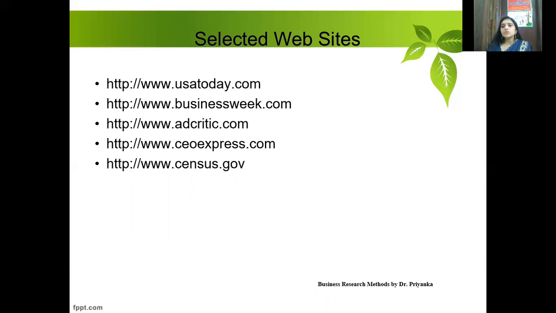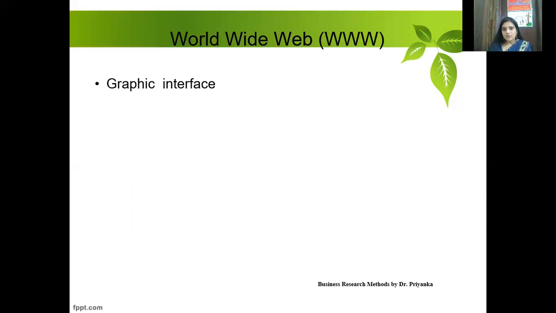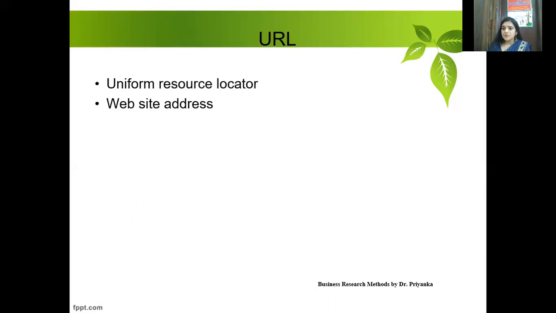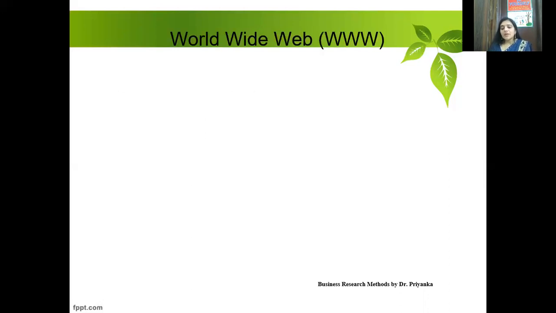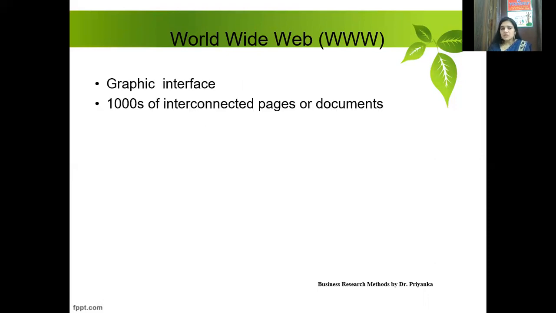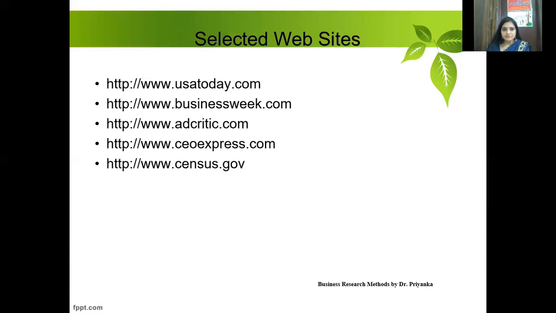This is actually a URL, which is actually a website address for any particular information. Then World Wide Web, how it works? For graphic interface and thousands of interconnected pages or documents as well. This is the widely used thing these days for almost everything, even for studies.